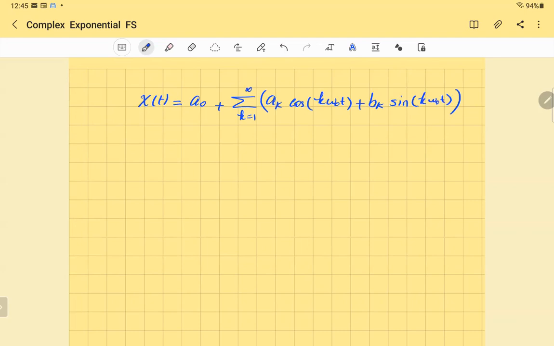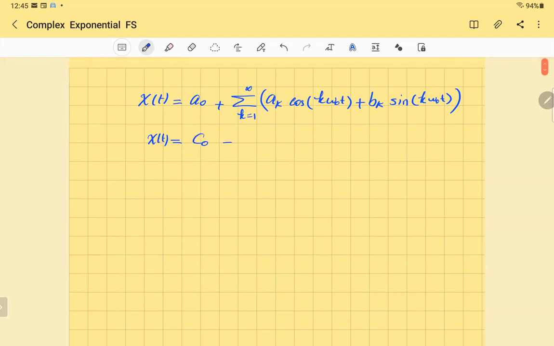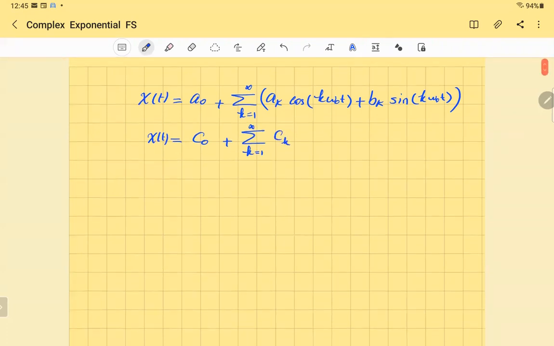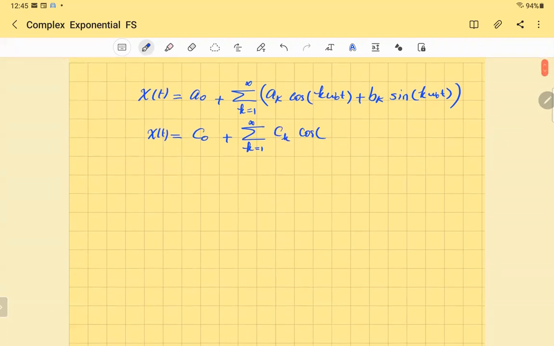That's the normal trigonometric Fourier series. And we did it in a compact form, instead of having cosine and sine, we did only one. So it's equal to c naught plus the summation of c k cosine of k omega naught t plus theta k. That was a good move.